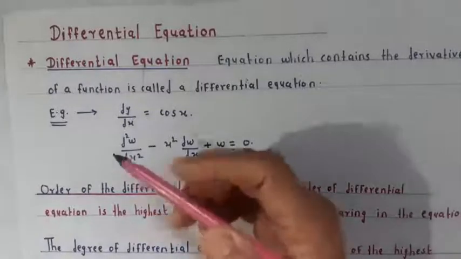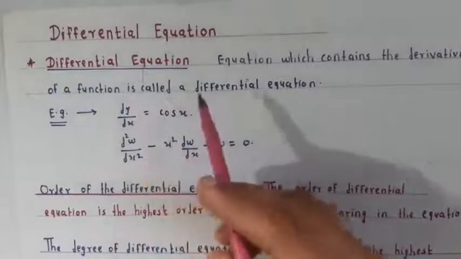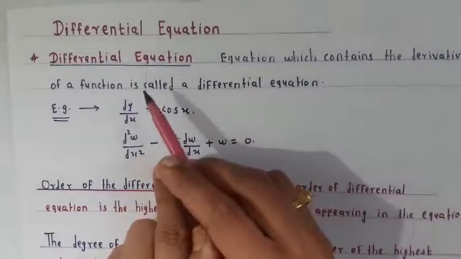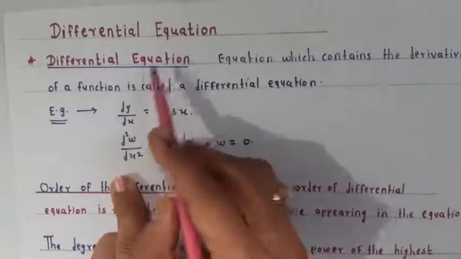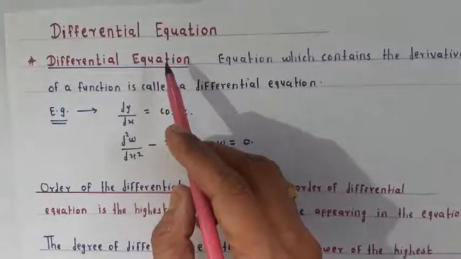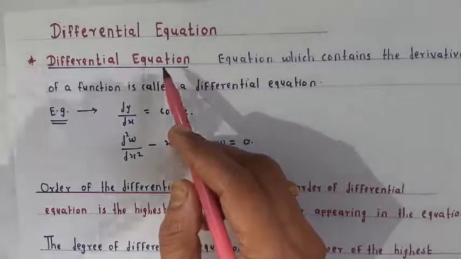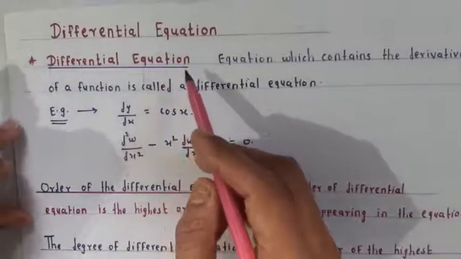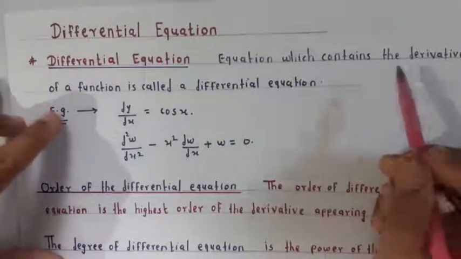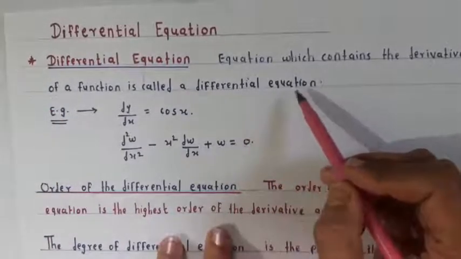So let us see what is meant by a differential equation. A differential equation is nothing but an equation, and that equation contains derivatives. The definition is: an equation which contains derivatives of a function is called a differential equation.